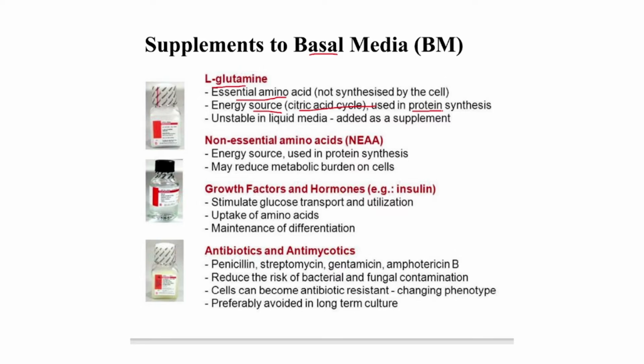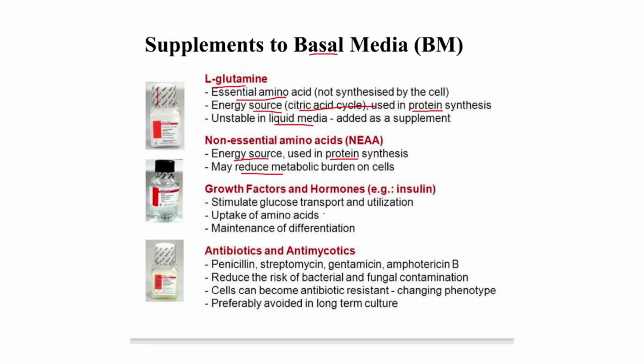However, the major disadvantage of L-glutamine is that it is unstable in liquid medium. Apart from that, we also provide some non-essential amino acids which can act as an energy source and can provide precursors for protein synthesis. Apart from this, they may reduce metabolic burden on the cells.